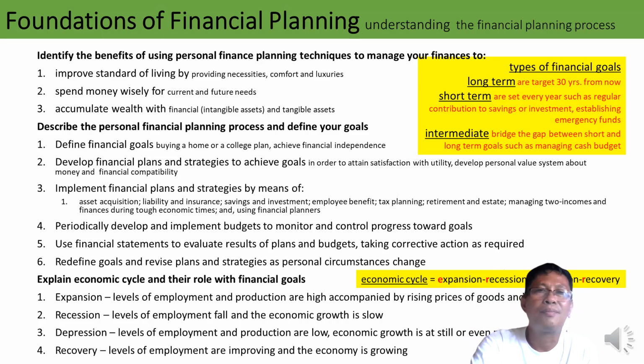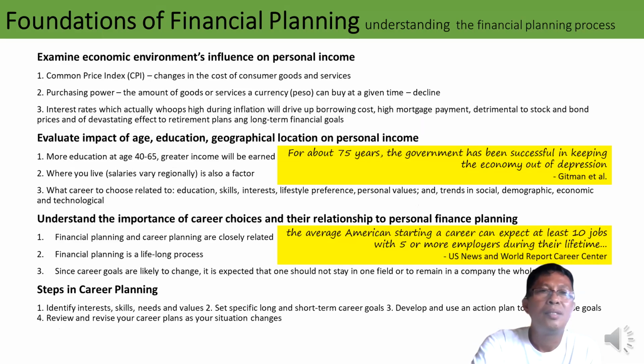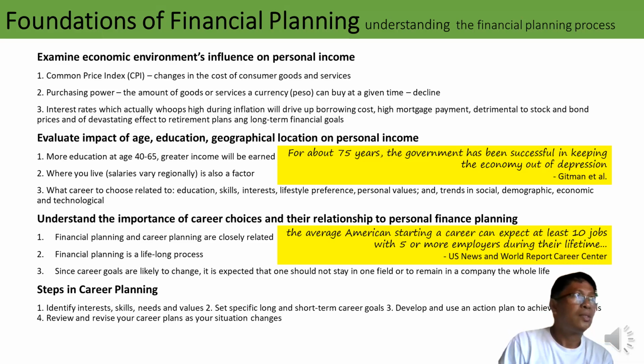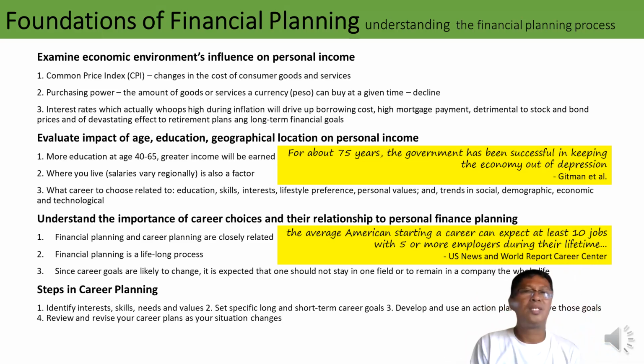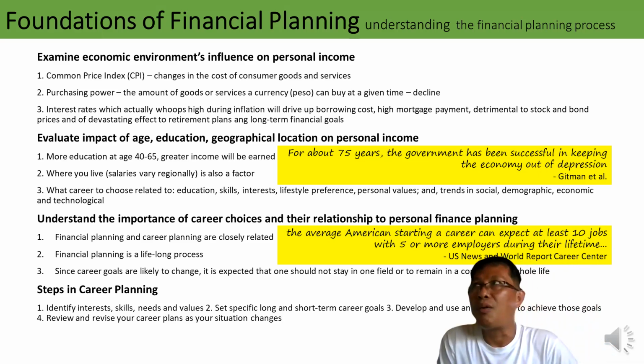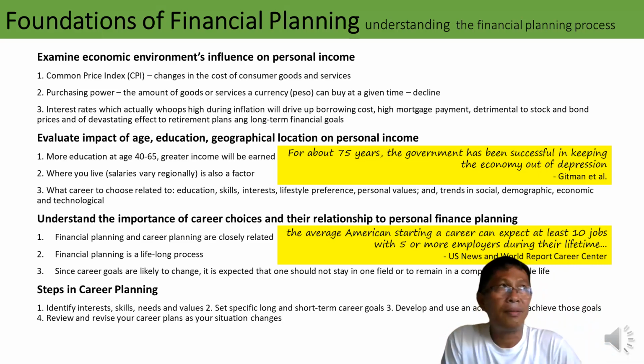So, let's proceed. We are going to examine the economic environment's influence on personal income by means of determining the consumer price index. Are the cost of consumer goods and services now higher than before March 11?